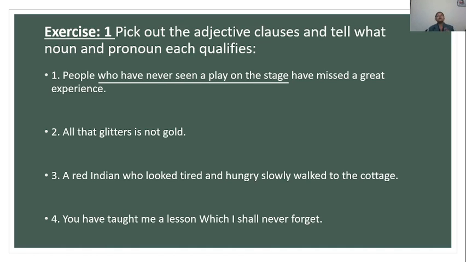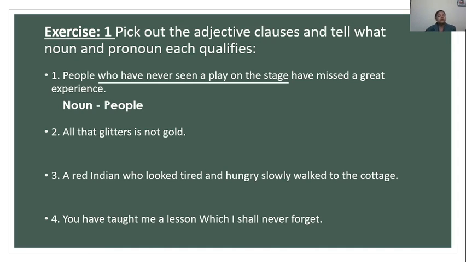Yes, very good. And to which noun or pronoun is it qualifying? That is people. Who is describing people, the people who have never seen a play on the stage.